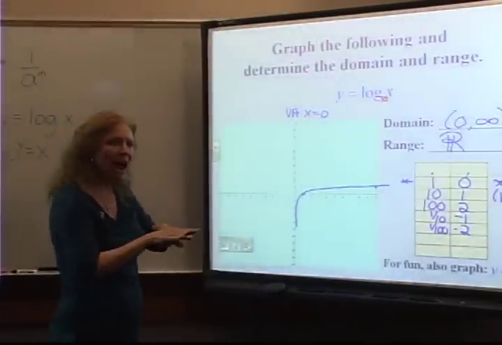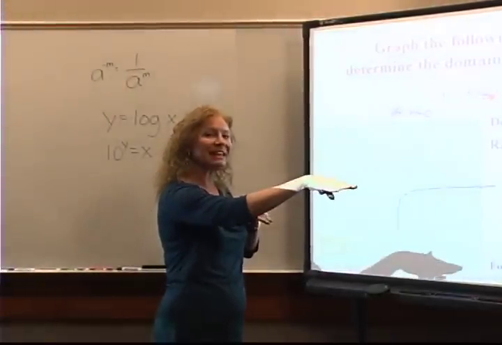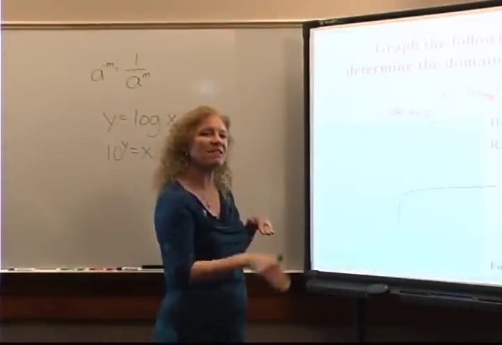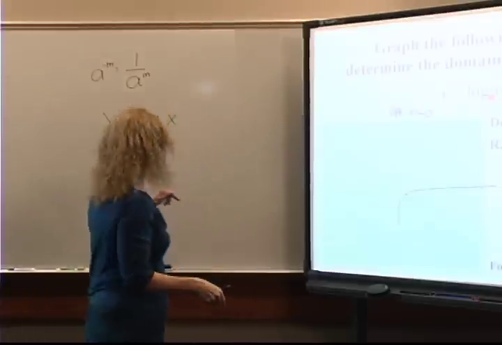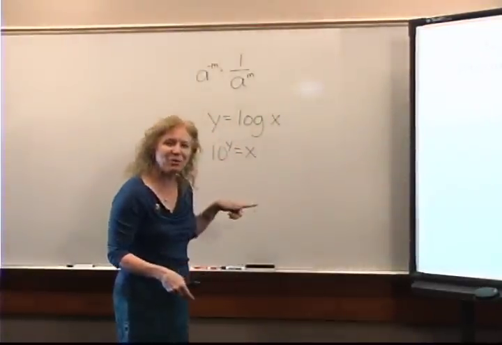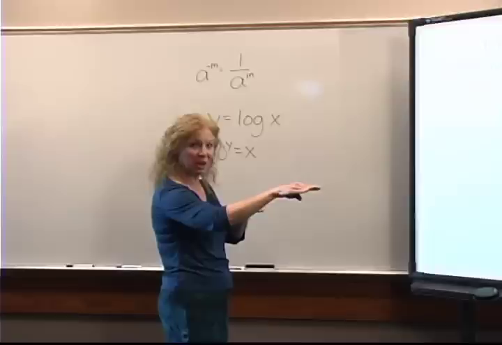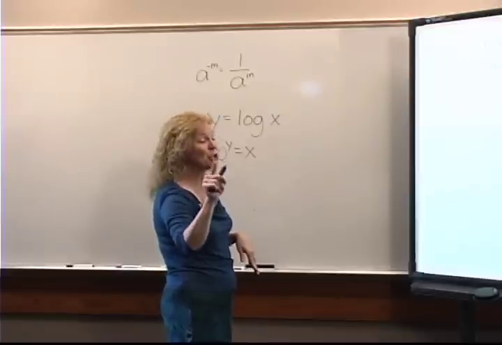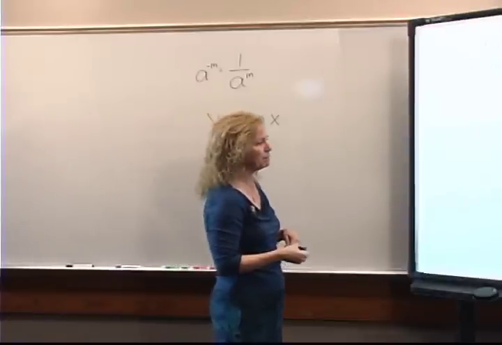How far out do I have to go before this graph gets up to a y value of 3? For it to have a y value of 3, x is going to be 1,000. You've got to go way out there just to get to 3. And this thing is still going to go to infinity. It's just going to go very, very, very slowly.